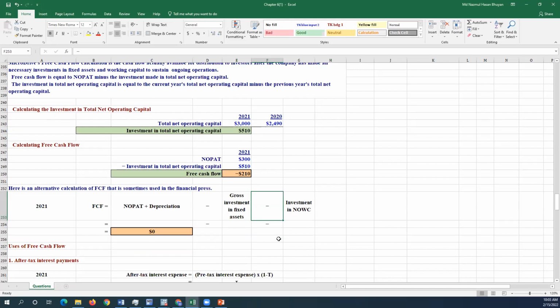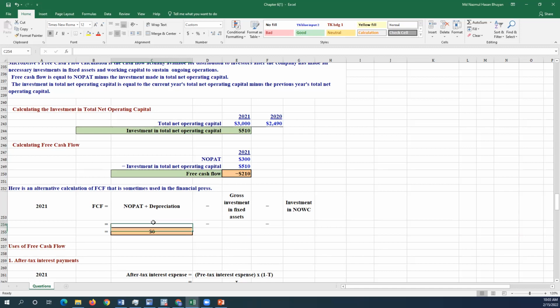All right. Now let us calculate free cash flow in a different approach. In this approach, we are going to first calculate our operating cash flows, and operating cash flows here is the sum of net operating profit after tax and depreciation, and then we are going to calculate our investment, and our investment is in fixed assets and in net operating working capital.